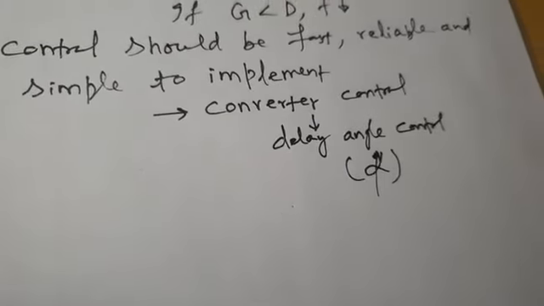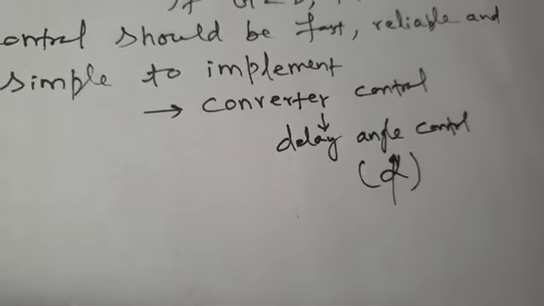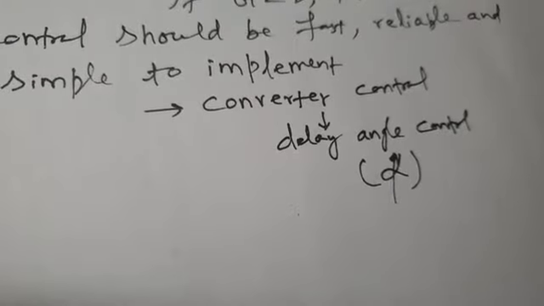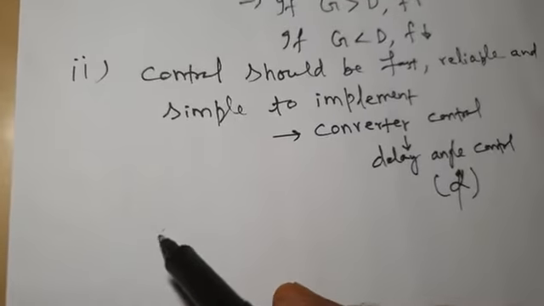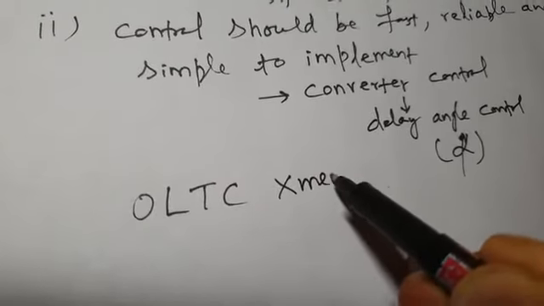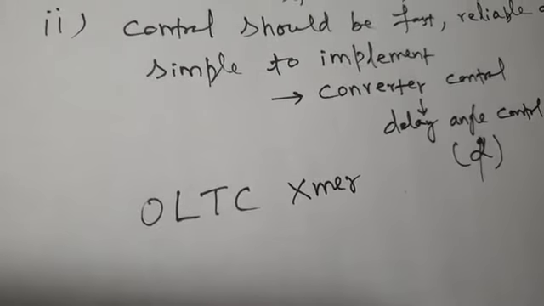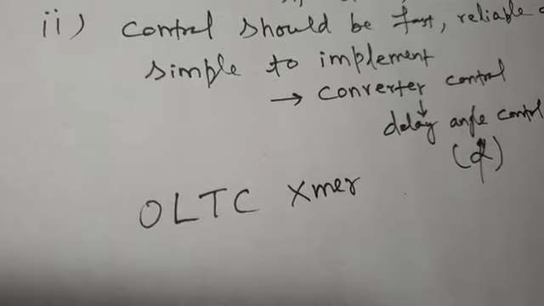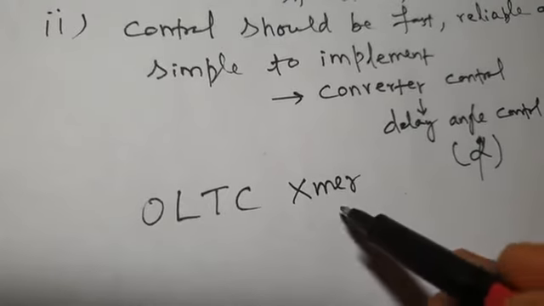By controlling the firing of valves of converters at the converting stations, a very fast control action results. On the other hand, if control action is exercised through the operation of, for example, an OLTC transformer, an online tap changing transformer, which is mechanical in nature, then when it changes the tapping, it is slow or sluggish in response.